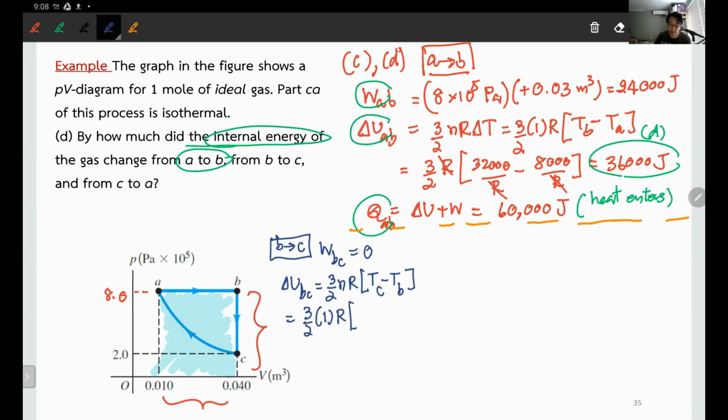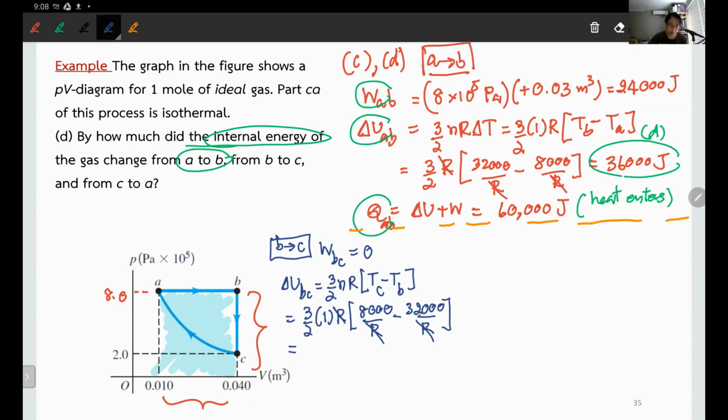Temperature at C, we already saw it: it's 8,000 over R. Temperature at B is 32,000 over R. Very cool. Once again, I can just get rid of R. And it's automatically negative because you go from high temperature to lower temperature.